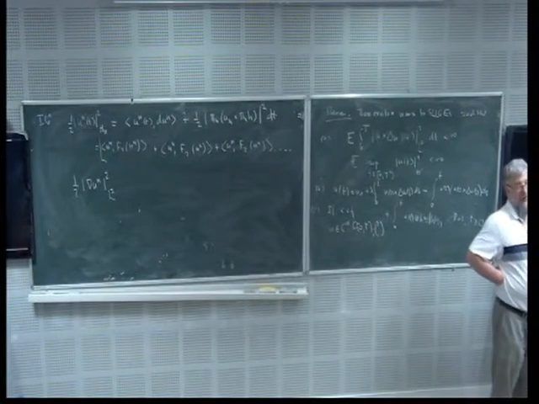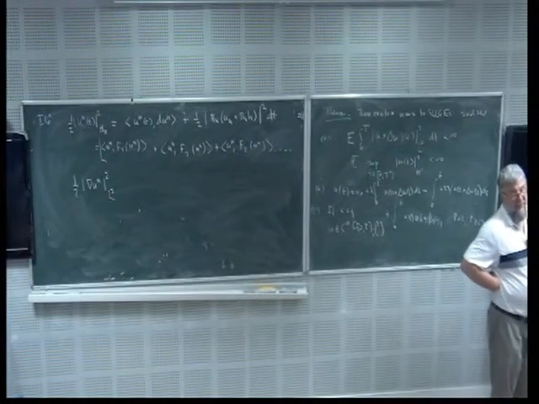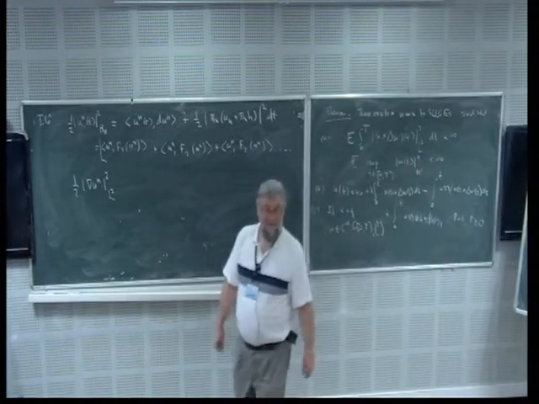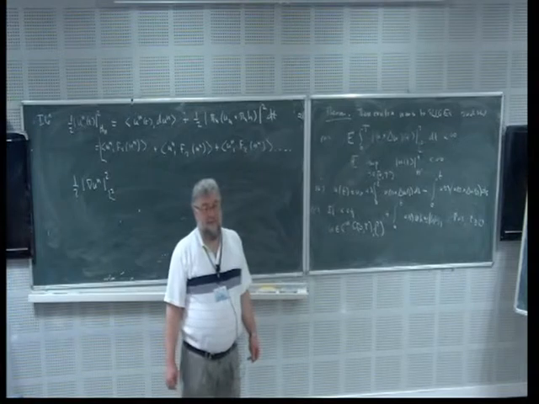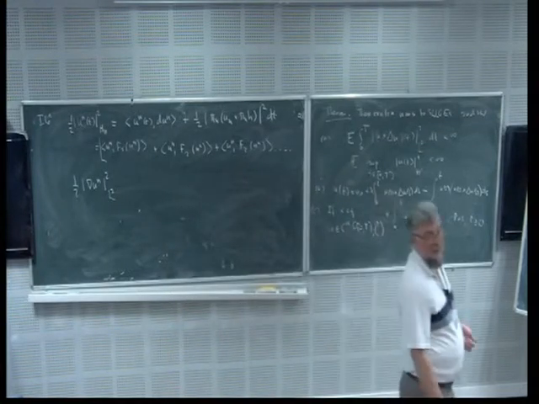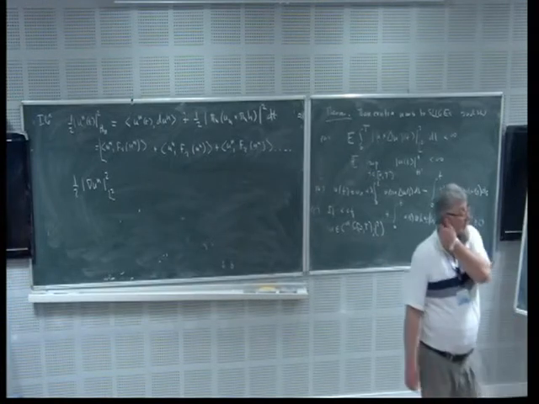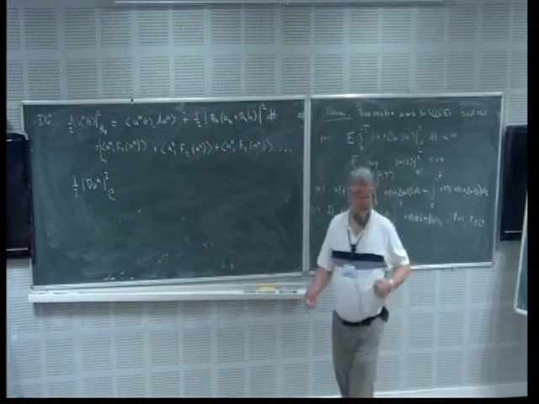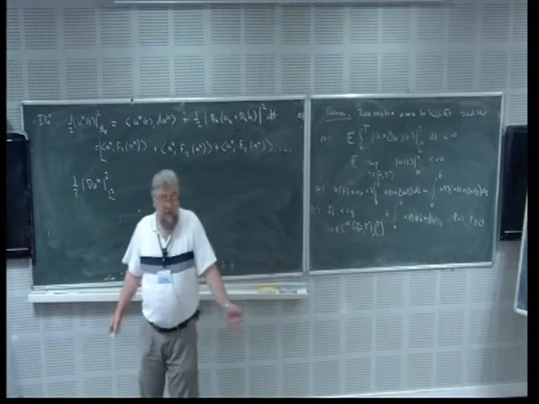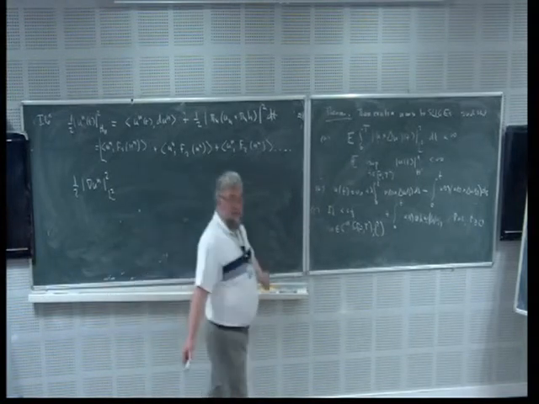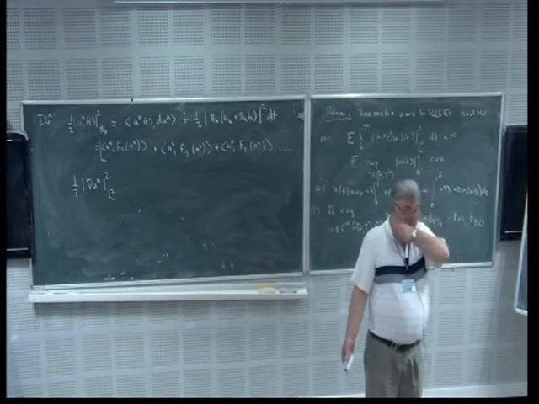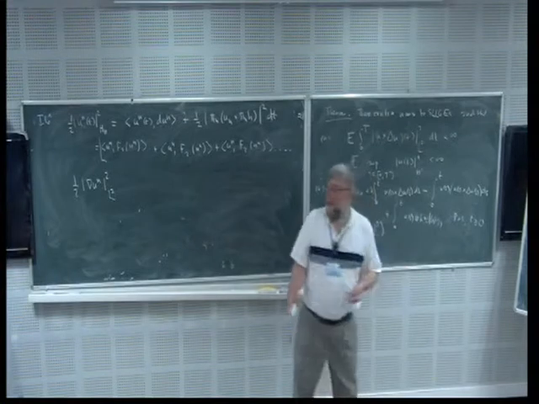So the L2 norm is also constant. The point is that your initial data is some U naught that is not a constant function, but the L2 norm is constant. If you take a strong solution to the Euler equation, then the L2 norm will also be constant.